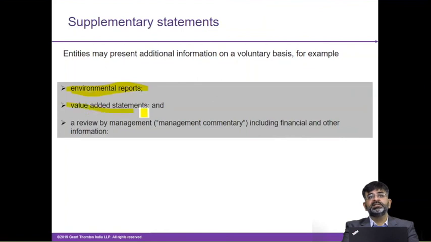Is there any value added statement about how the company is growing and what is happening in the business, or any review from management about what steps management is taking to make the business better. All these information which companies present, on all these information IFRS is not applicable.